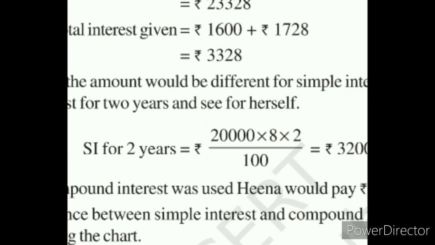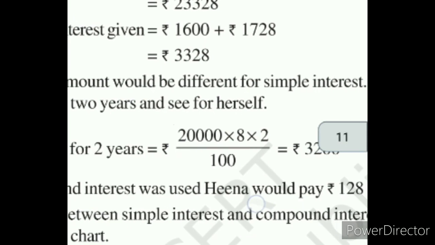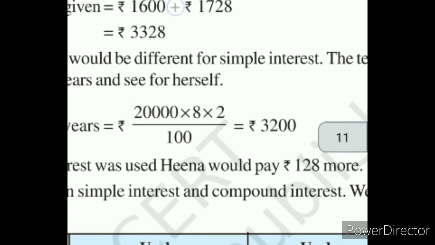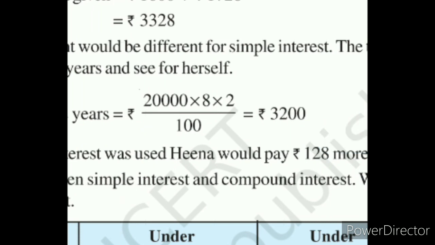But with the same principal, you can calculate the simple interest. How much will it give? 3,200 only. So which interest is more? Compound interest is more, 3,328. But simple interest is 3,200. Nearly 128 rupees difference.